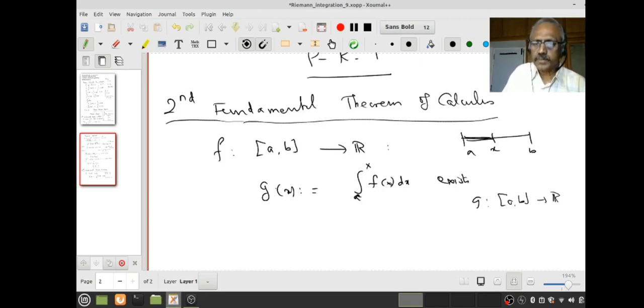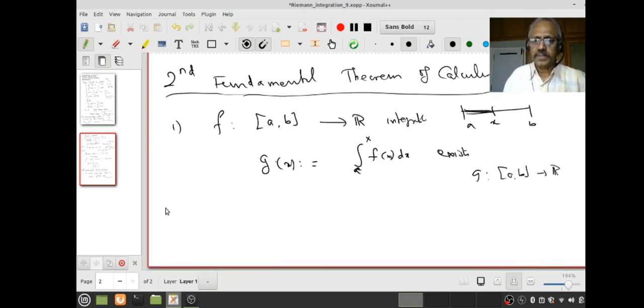So we are assuming at present that f is integrable. There are two versions. Let us start with the simplest version. Let f from [a, b] to R be integrable, then define g(x) equal to the integral from a to x of f(x) dx. We know that it exists for every x in [a, b]. Therefore g is a function from [a, b] to R. What I want to claim is that g is Lipschitz continuous.